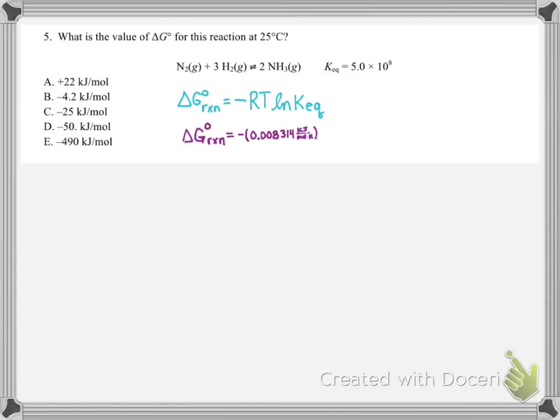So we have delta G standard of the reaction equals negative gas constant R, 0.008314 kilojoules per mole Kelvin, times our temperature, 298 K, times the natural log of 5 times 10 to the 8th. So we will get delta G standard of the reaction equals negative 49.6 kilojoules per mole, which is choice D.